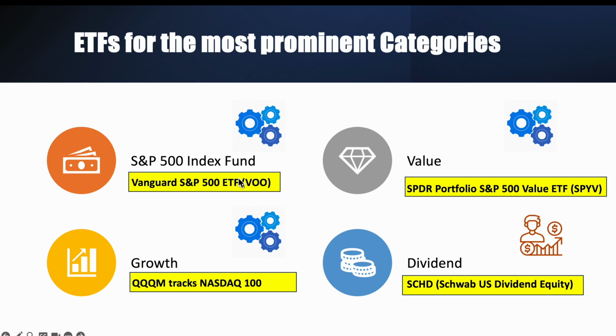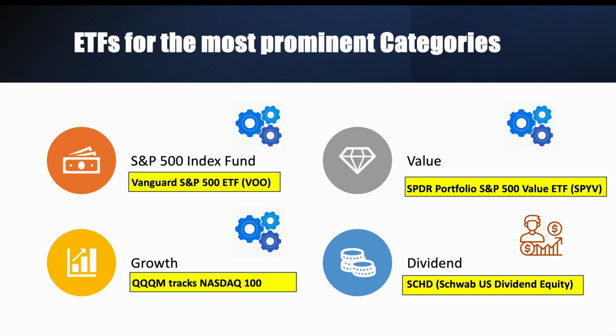In the category of index fund which tracks the S&P 500, I would choose VOO. For the value ETFs, which are investment funds designed to provide exposure to stocks that are considered undervalued by the market, it is SPYV.